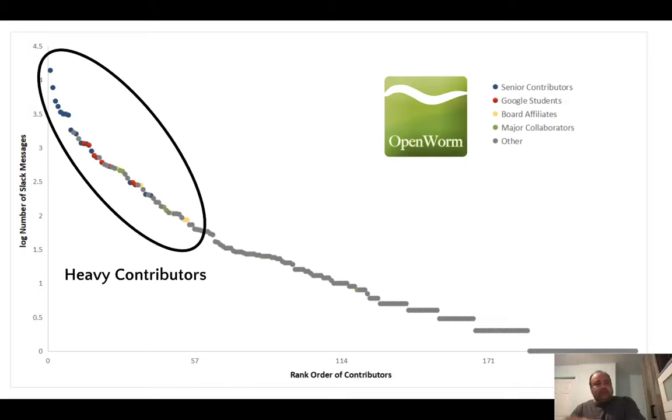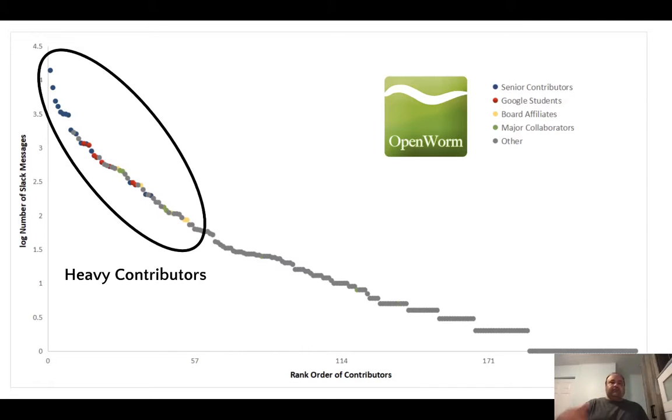The people who contribute less might just be people passing by, people with a passing interest in it. It could be people who aren't encouraged to take on a role, so we don't really know whether this is just to be expected or if this can be changed through some intervention. But you do end up with this area of heavy contributors.